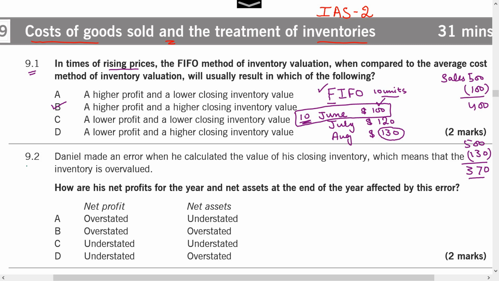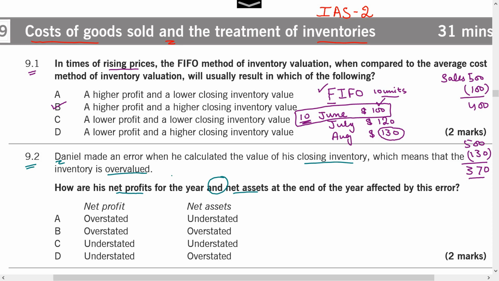Now next we have question number 2. How are his net profits for the year and net assets at the end of year affected by this error? D made an error when calculating the value of his closing inventory, which means that the inventory is overvalued. So if our closing inventory is overvalued, then our net profits will be increased.